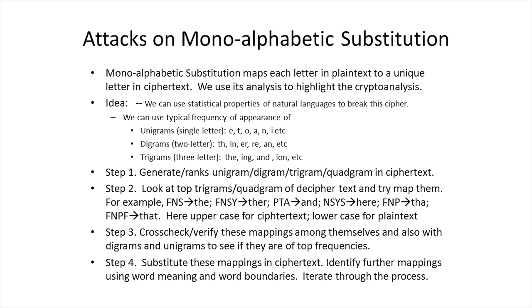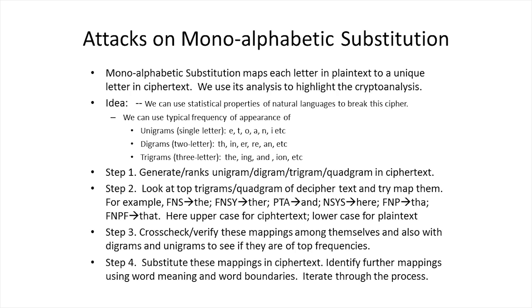For example, if we find the following top mappings in the ciphertext: uppercase FNS maps to the plaintext THE, FNSY maps to THER, PTA in the ciphertext maps to the plaintext AND, which appears second most frequently, and NSYS in the ciphertext maps to the plaintext HERE.